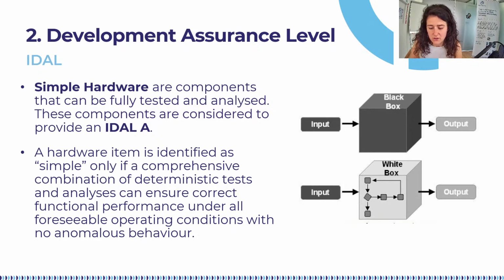So you will know what is going to happen all the time, and if you have a failure, you expect what is going to happen. But in the black box, you don't know what happened. You have an input and then an output, but it has a different behavior inside, and you don't know what it is. So a simple hardware is an item that can be fully tested and analyzed.